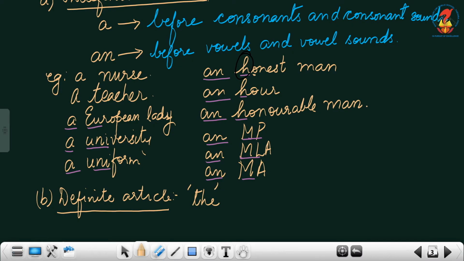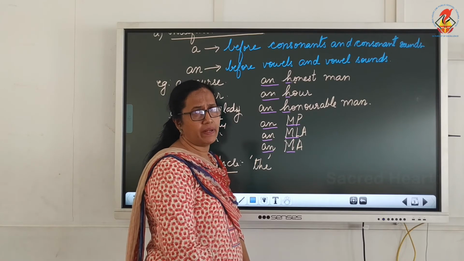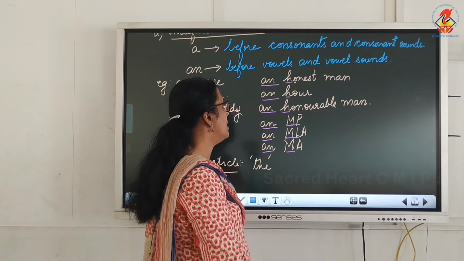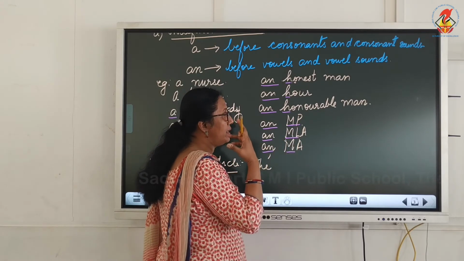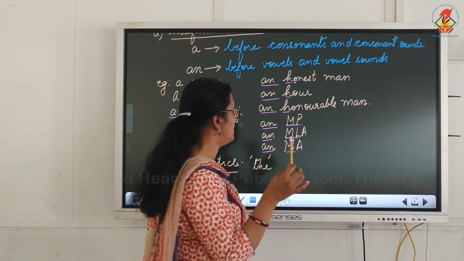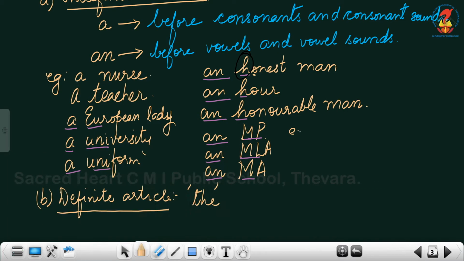MP. Now you know what an MP is, isn't it? These are the short abbreviations. Now when you read the newspaper and all, you know what MP is. So here MP, but when it is sounded, it comes as the EM sound, isn't it? The phonic sound for M is "mm", but when you speak out the word, for all these three, you get the EM sound.